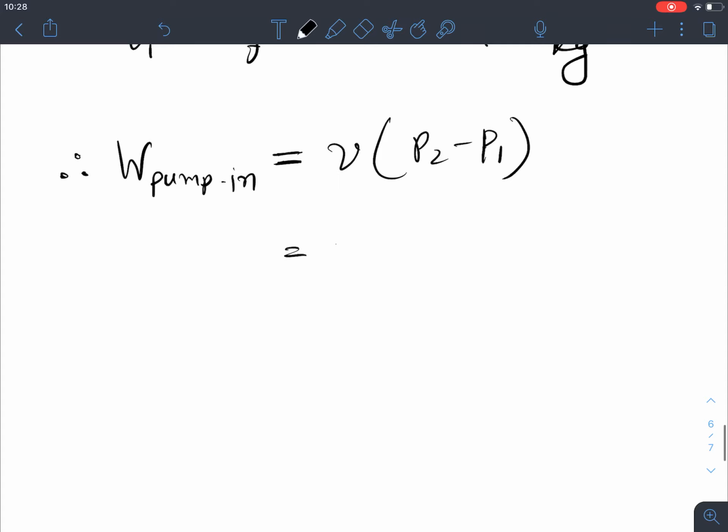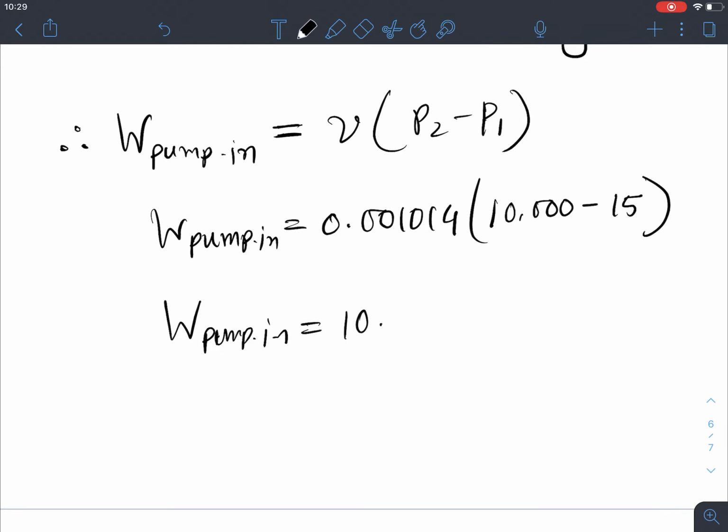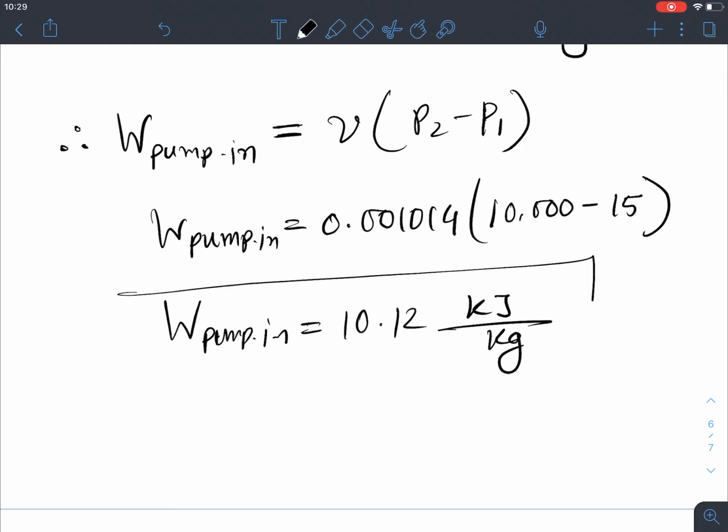So specific volume is 0.001014 times P2, which is 10 megapascal, or 10,000 kilopascal, minus 15 kilopascal. So W pump in, if we solve this, is 10.12 kilojoule per kg.